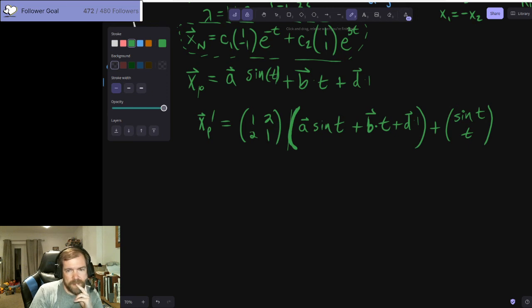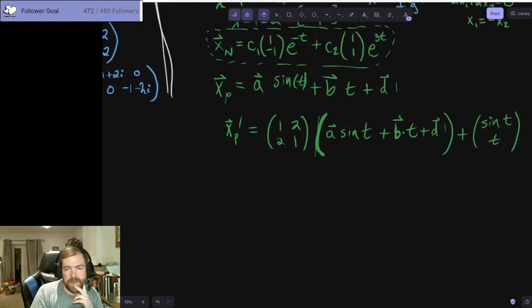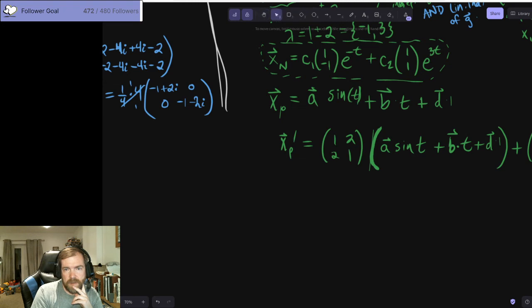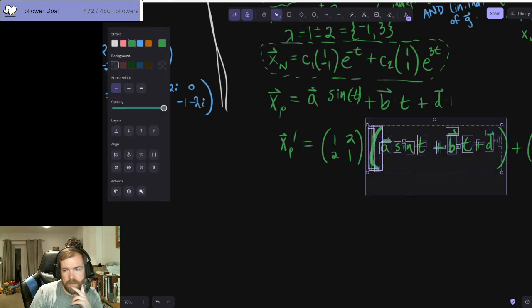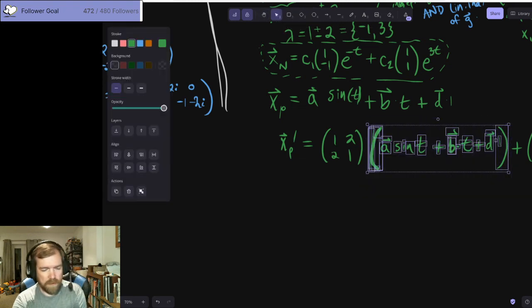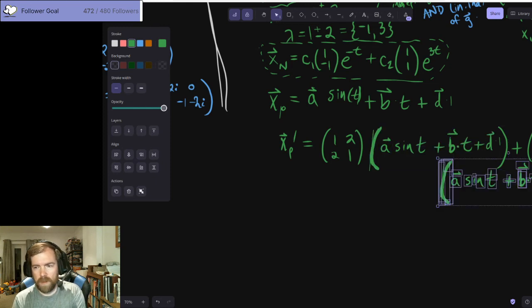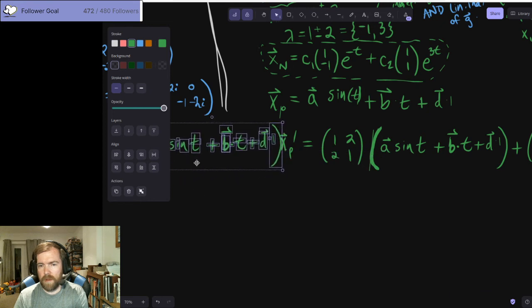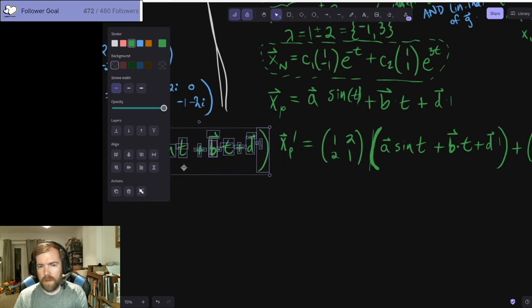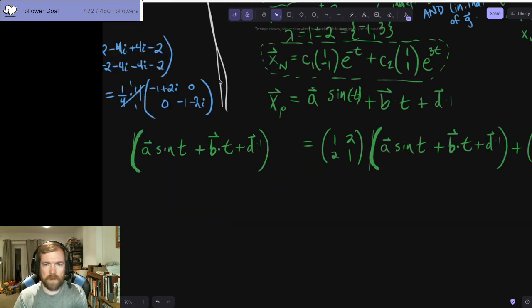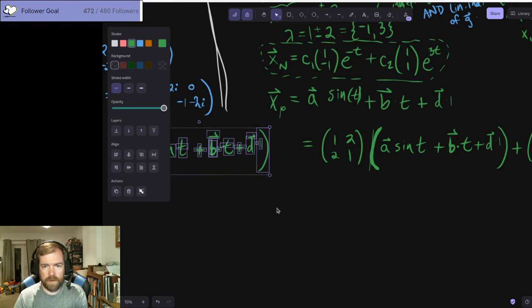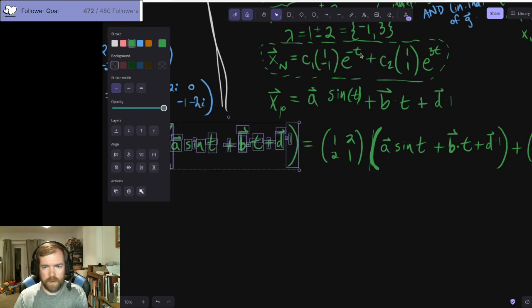All right, then x sub p is going to be this exact same thing again. Take this, get rid of that, and then move this one over. That prime.